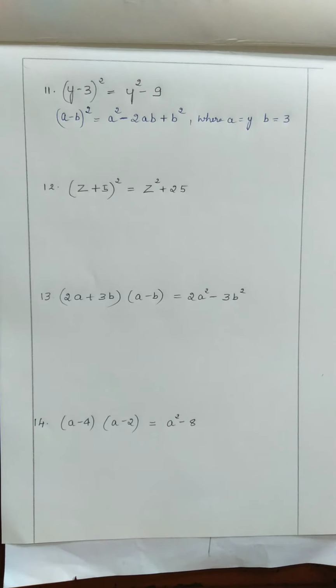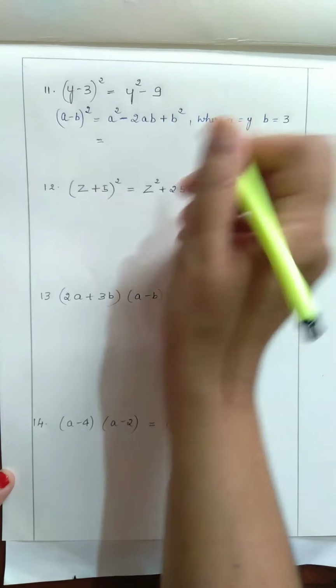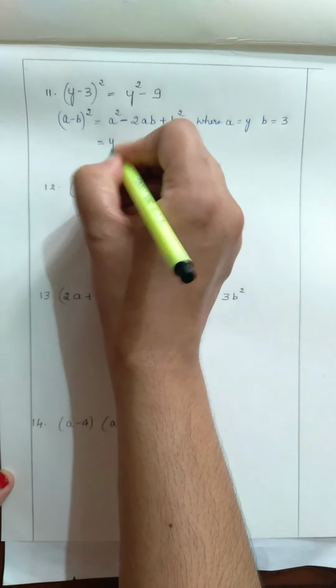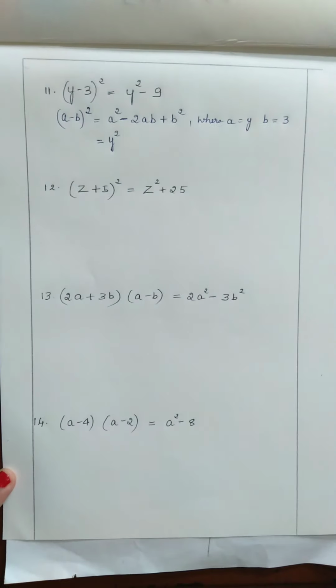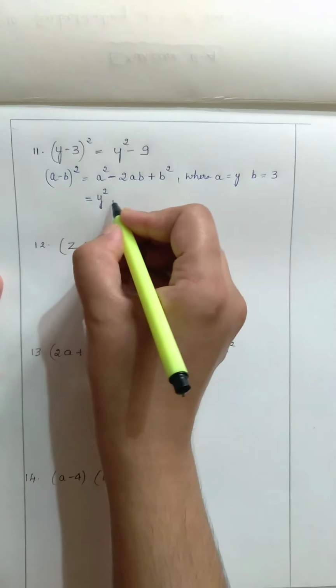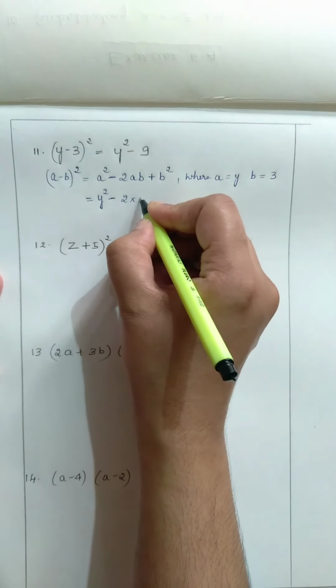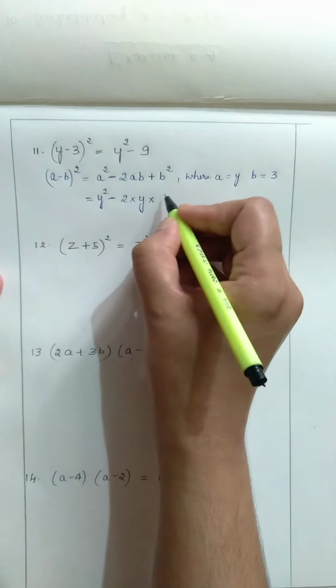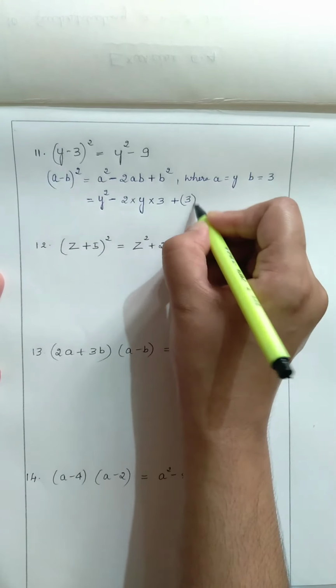So now applying the values of a and b to the identity a square minus 2ab plus b square, we will get a square. The value of a is y, so it is y square. Then minus 2 into the value of a, which is y, into the value of b, which is 3, plus b square, it is 3 square.